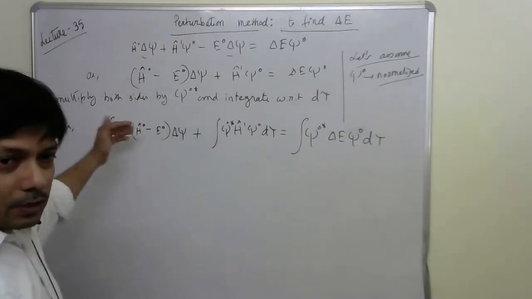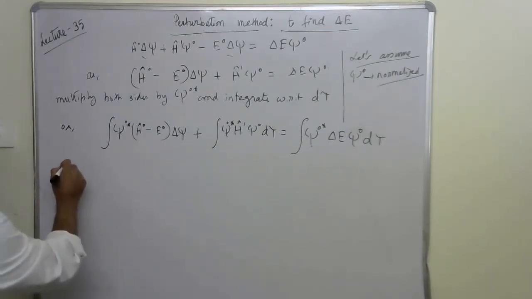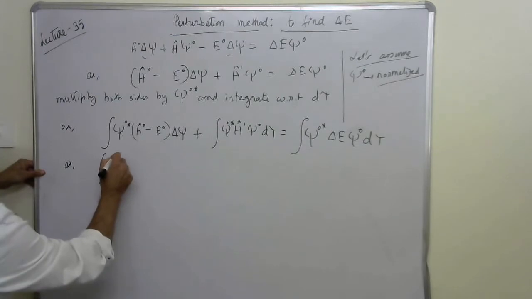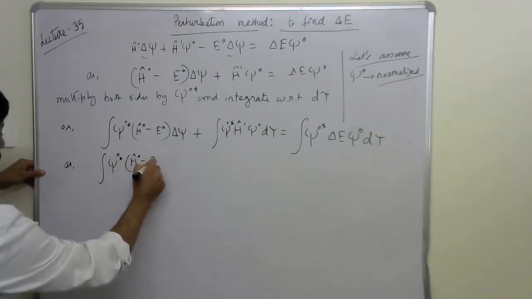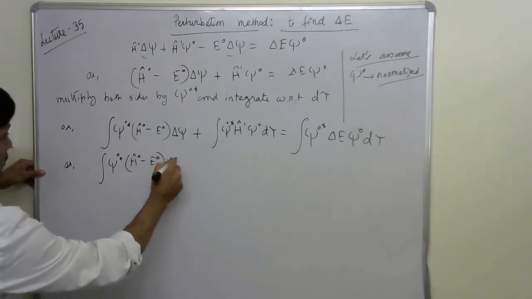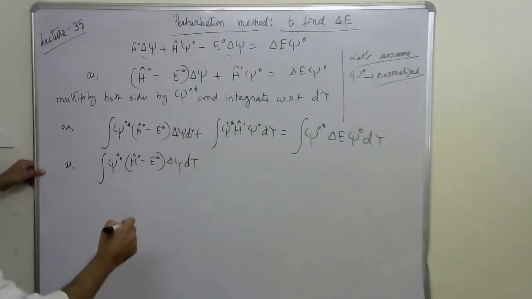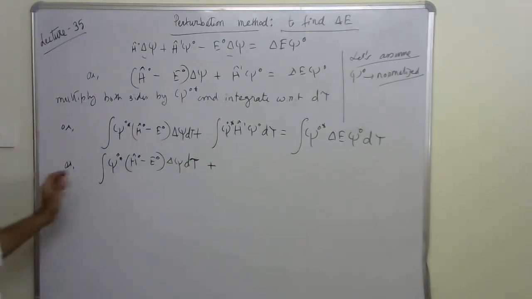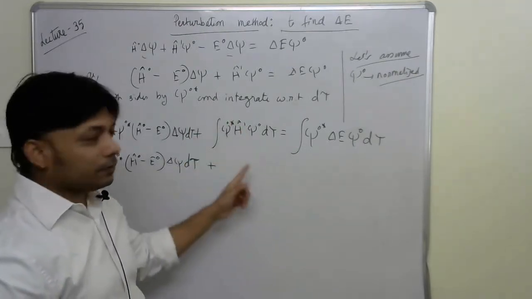What are the terms that we get from this equation? What I'm going to get is this term, that is psi naught star (H naught minus E naught) delta psi, of course with this delta tau term I missed earlier, plus this term. So does it vanish?